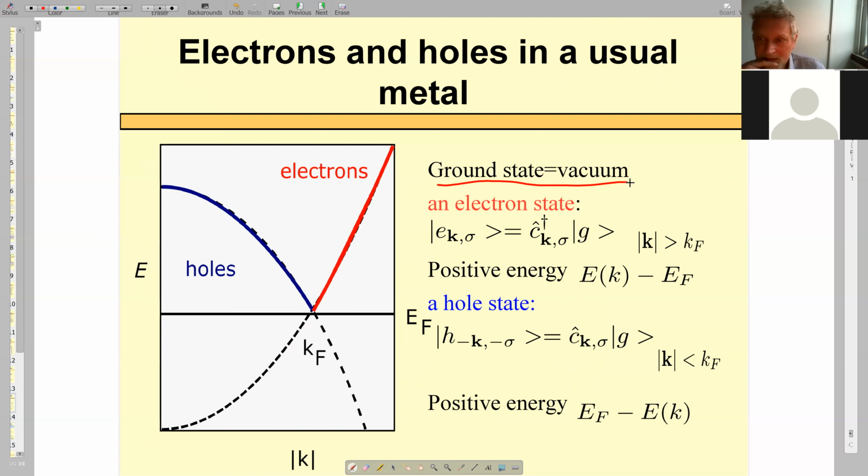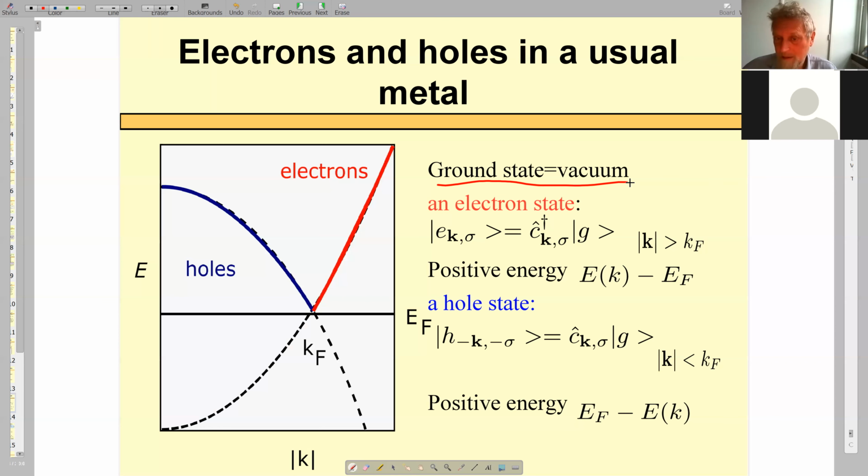Let's get some excitation. Advanced quantum mechanics is usually about doing this, although it seems pretty mathematical. We just create an excitation and see if it fits.